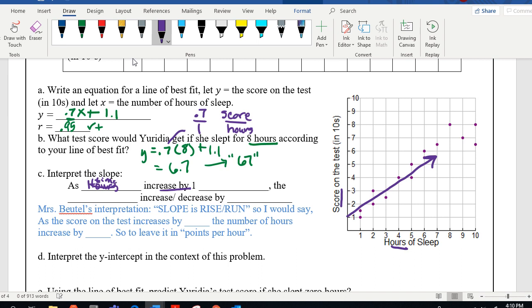Time of sleep increased by 1 hour. The score increased, not decreased, by 0.7 or 7 points.